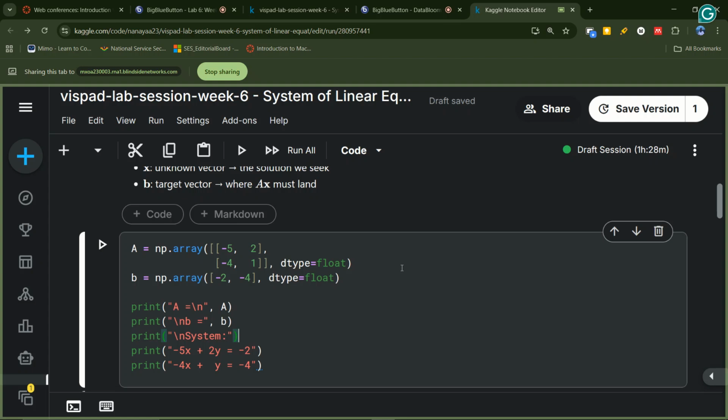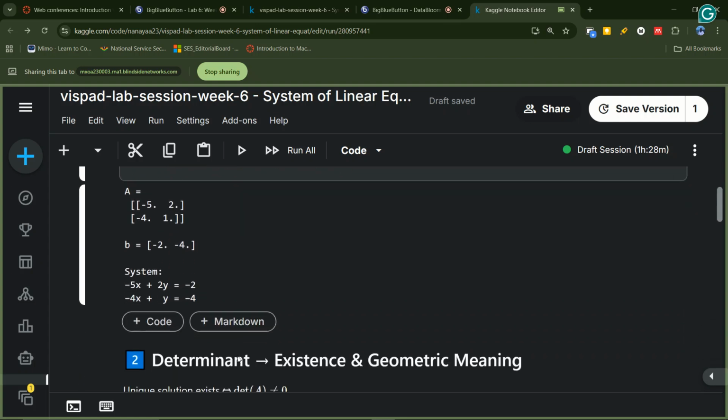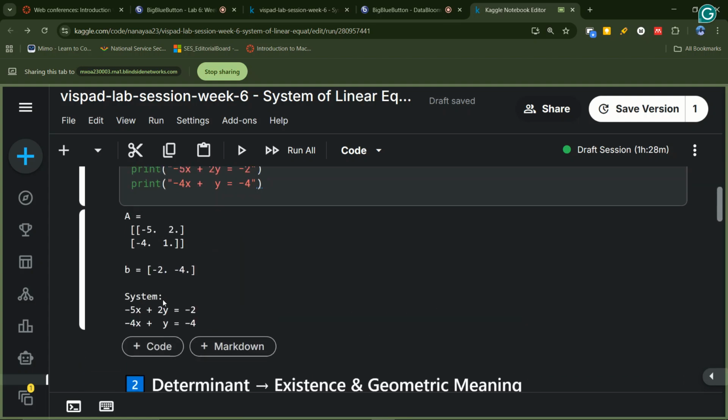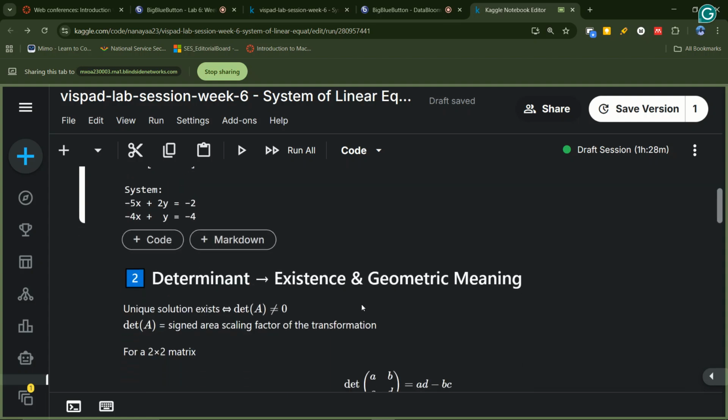If you solve the matrix multiplication for A times c, which is your x and y, you should get these equations down here: -5x plus 2y equal to -2 and -4x plus y equal to -4. I hope you understand up to this point. As easy as this.